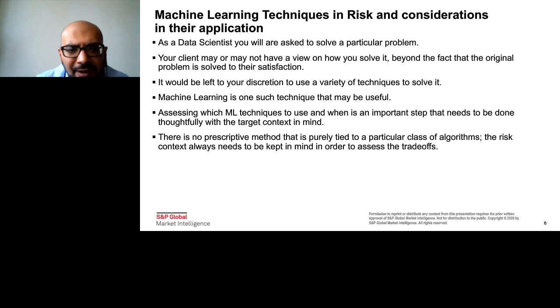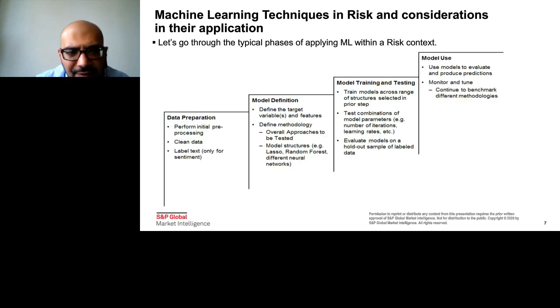So it's very important to be able to assess the different types of algorithms with the context in mind, so you don't end up over-engineering something that ends up down the line becoming difficult to maintain and may not even scale for different use cases. So you have to keep those trade-offs in mind.